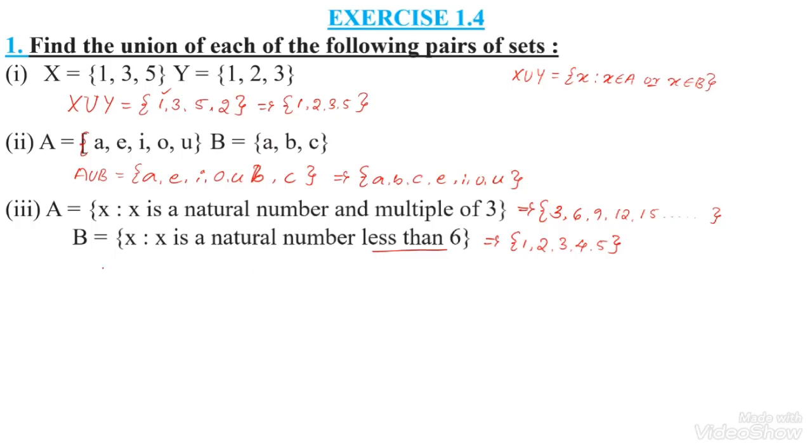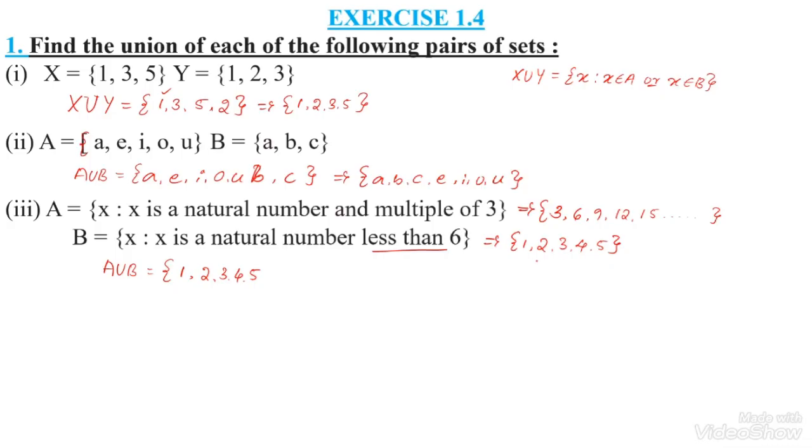Now we have to write A union B. Here, between these two sets, I have written first 1, 2, 3, 4, 5 because it is a definite set. The other is an indefinite set; we don't know about the last number or last element of this set.